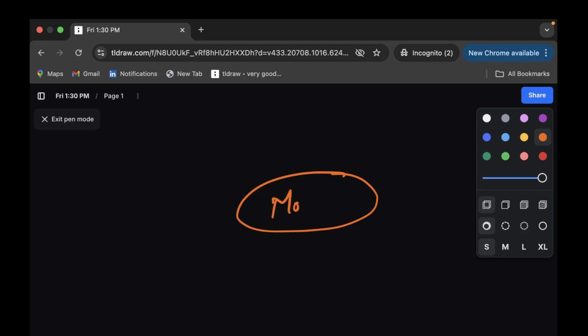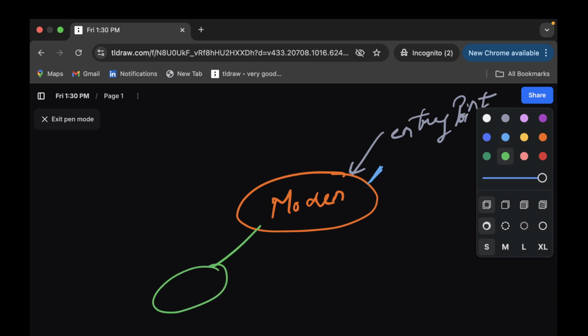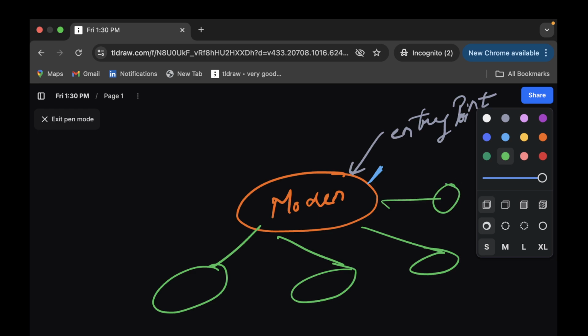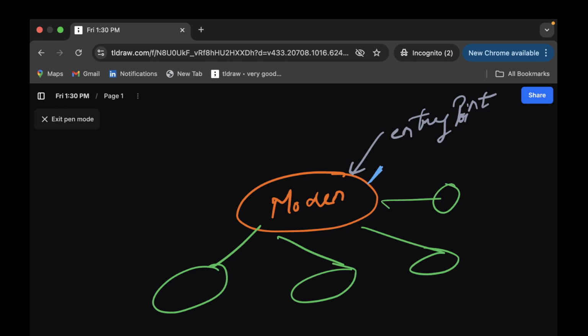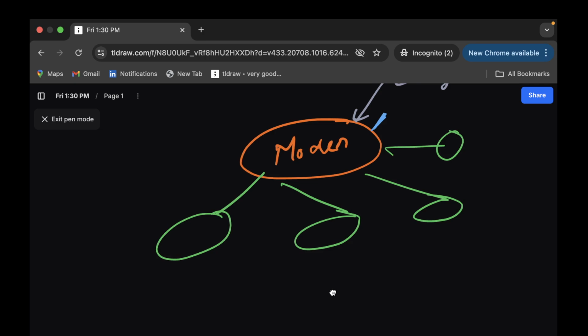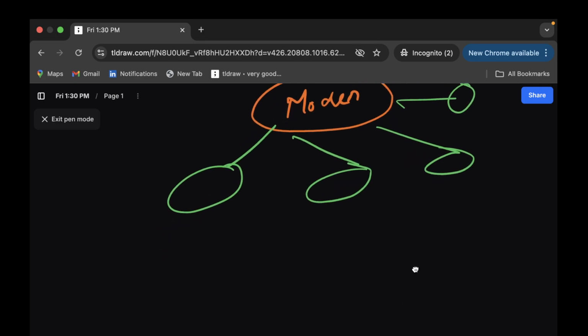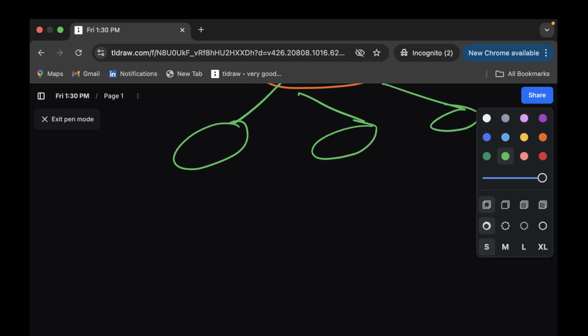This is our modem, or basically the entry point to our network. The first thing that we need to identify is this entry point. The next thing is which device the packet is intended for. So we divide our IP address into two parts.